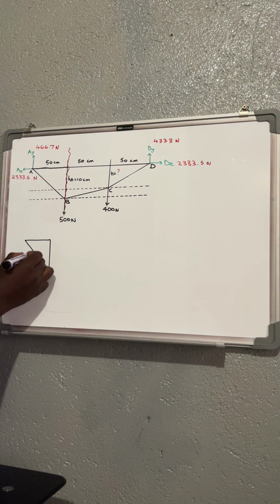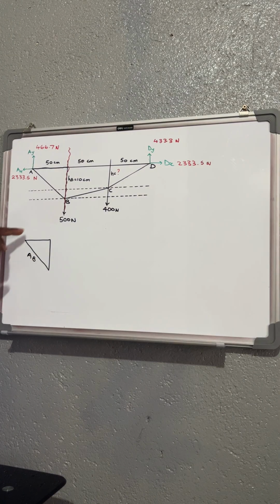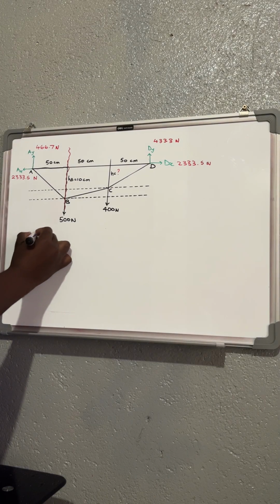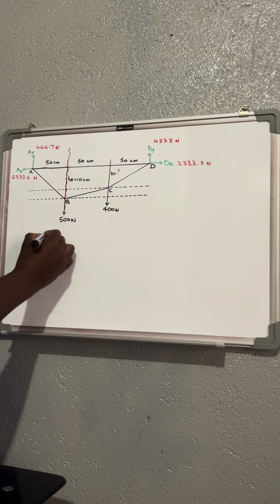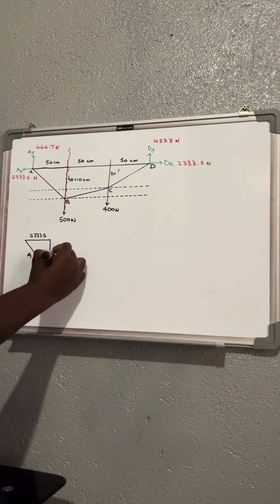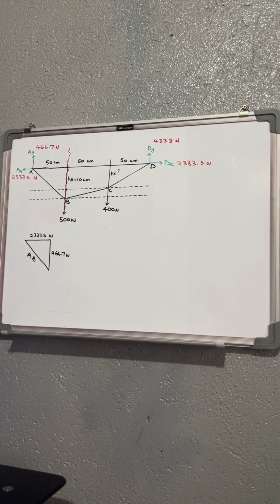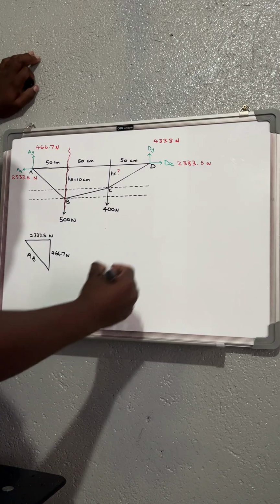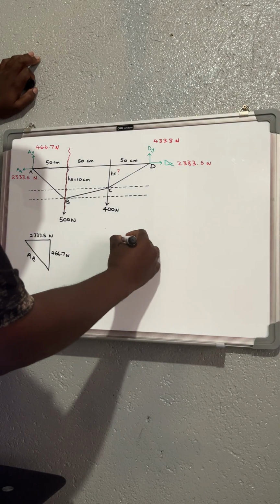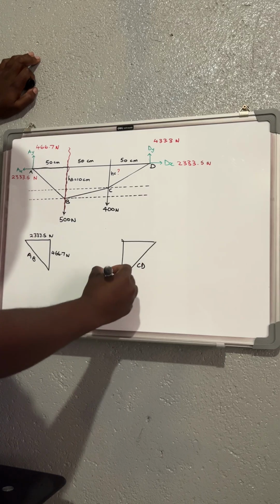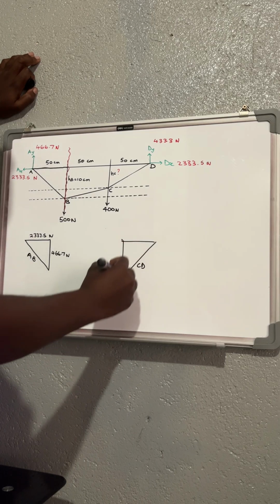Here I have my AB, then here I have my AX, which is 2333.5, and my AY is going to be 466.7. These are in newtons. Then this side, what do I have? I have a triangle that looks like this. I have my CD, then my DY on this side.